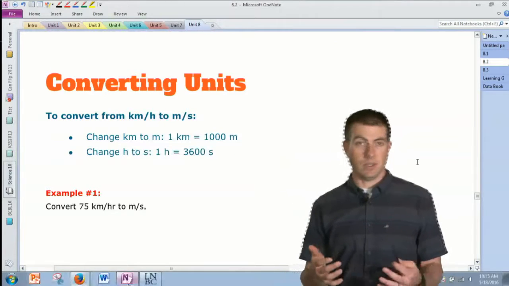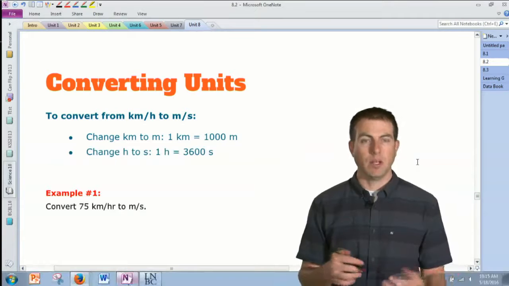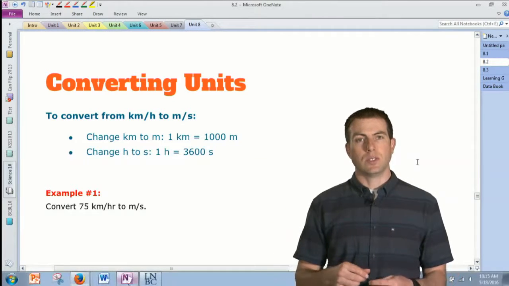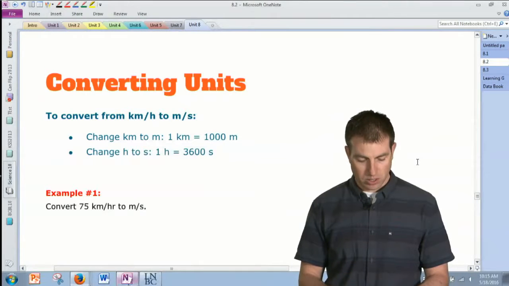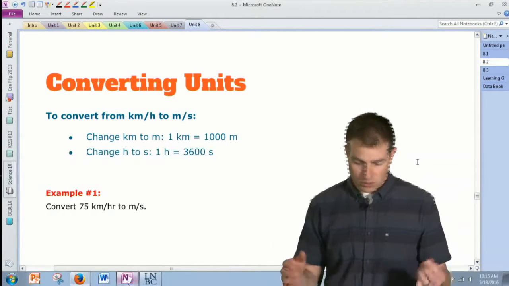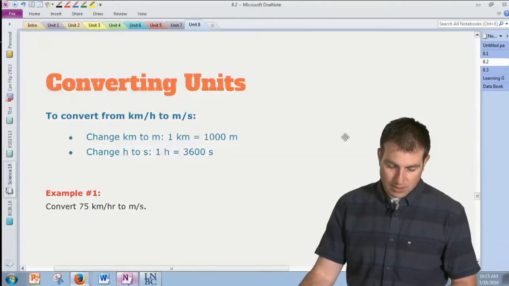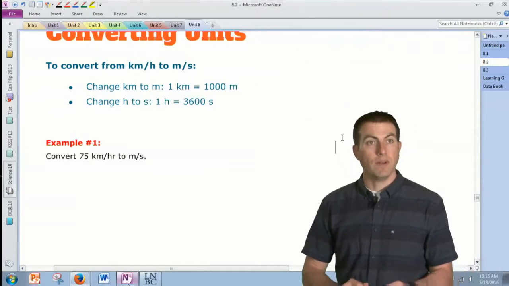We did it with distances, imperial and metric, the two systems. So exact same principle. And one of the methods we used was the unit conversion method that we're going to look at here today. So you've seen this stuff before.